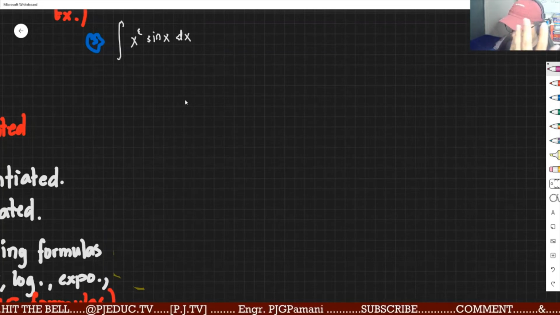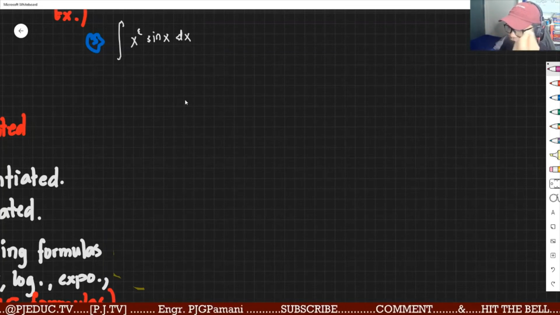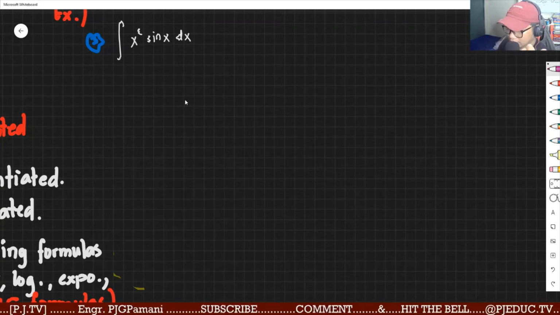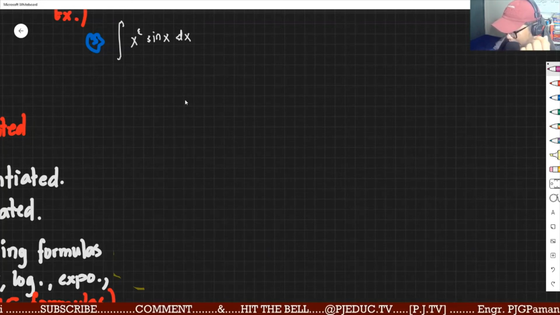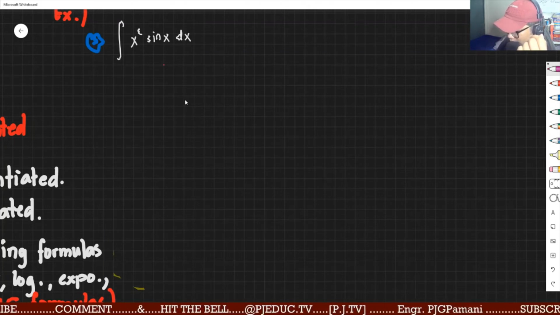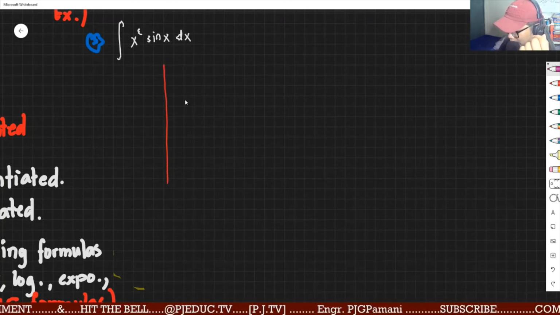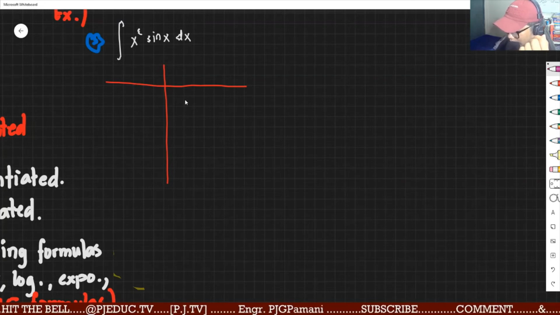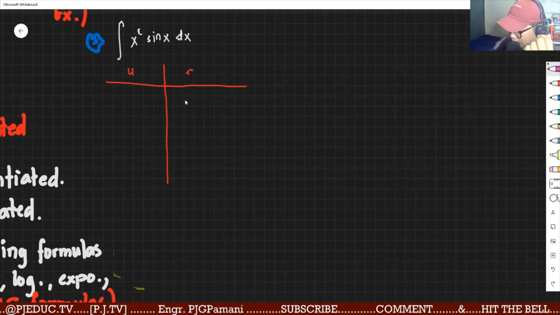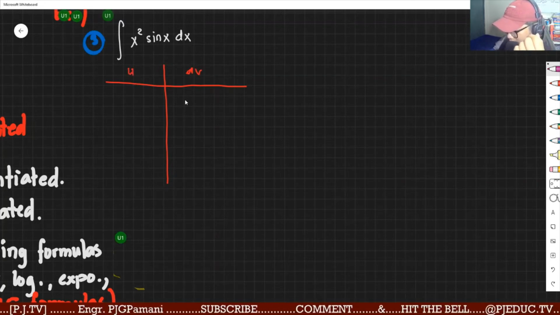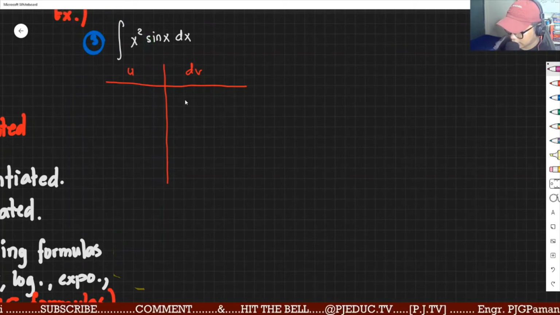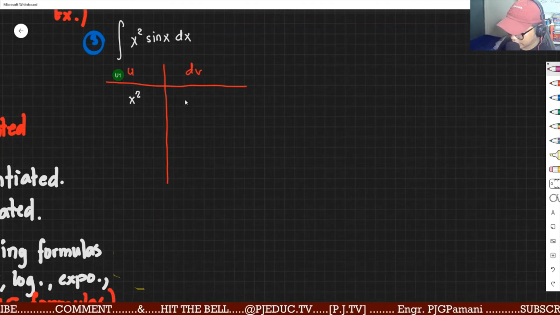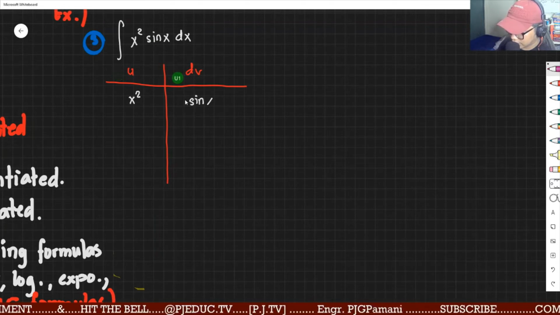Alam mo na kung saan ang function u at function dv. So again, para mapabilis na natin yung ating lecture today, doon na tayo sa tabulated kasi alam mo kung saan na yung pwedeng mag-zero na term eh. U and your dv. Ano yung u natin? That is x squared. dv is sine x.